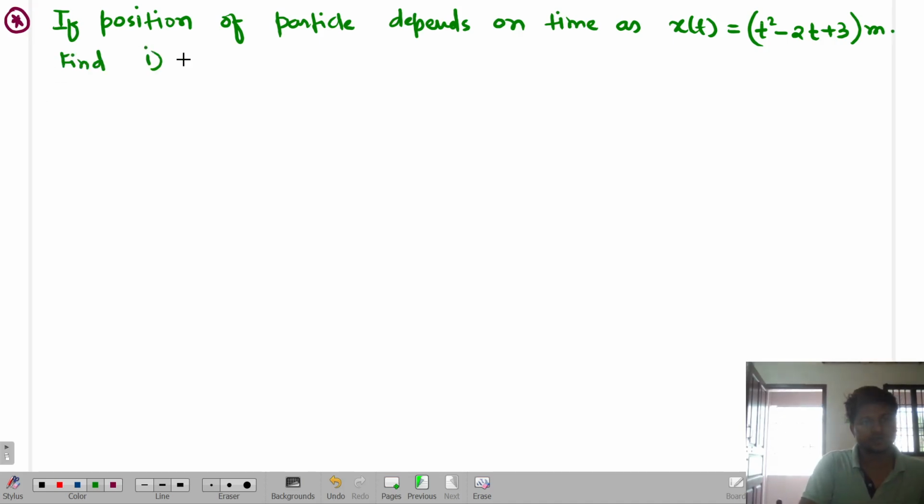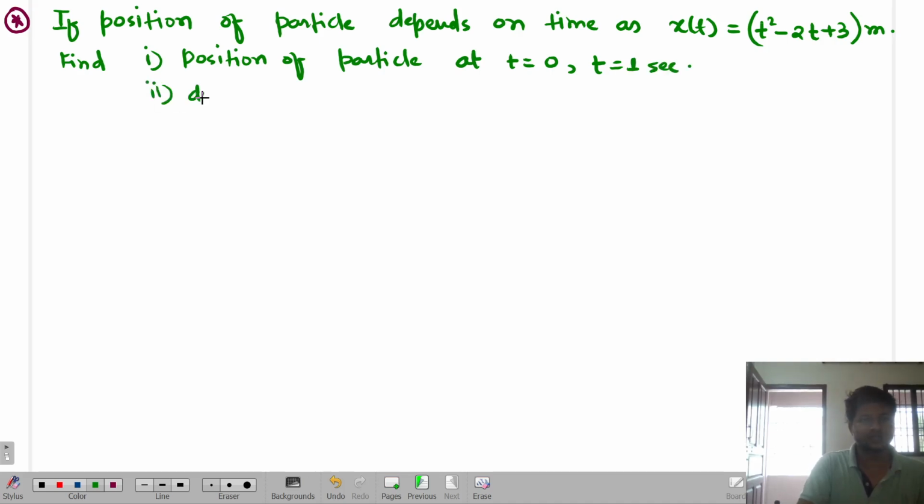First question, position of particle at t is equal to 0 and t is equal to 1 second. Got it? Second, displacement between t is equal to 0 to t is equal to 1 second.